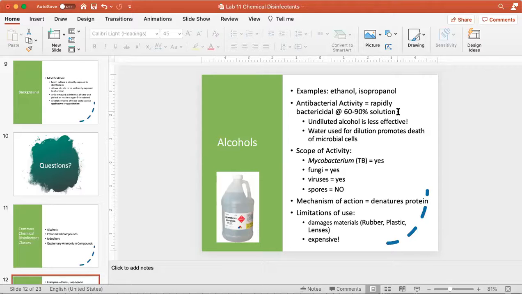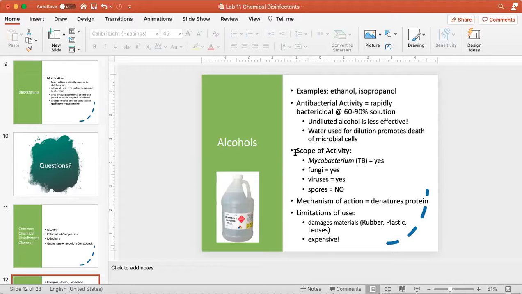So it needs to be somewhere between 60 and 90%, not full strength. The most common percentage that's used in laboratory spaces and healthcare facilities is 70%. Now, the water that's being used to dilute the alcohol actually makes the alcohol better. It makes the alcohol rapidly bactericidal. And that's really what we want from a disinfectant, right? We want it to work quickly so we don't have to stand around and wait.